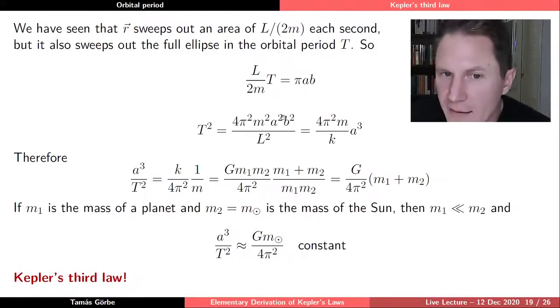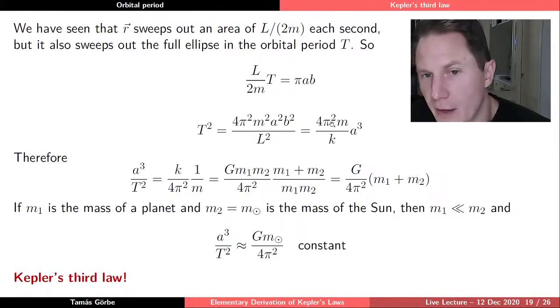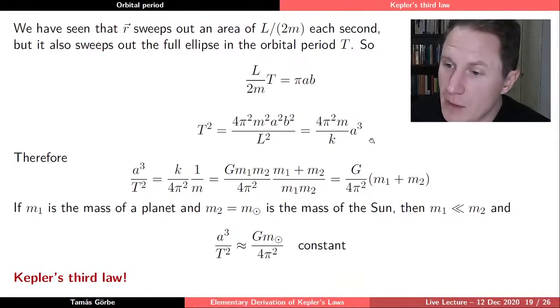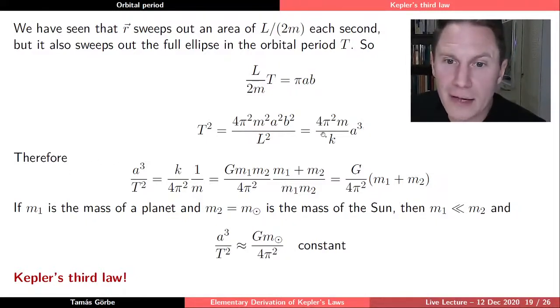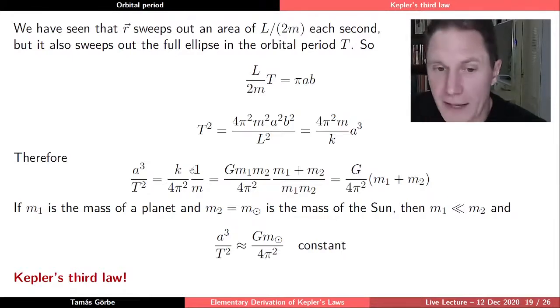If you do that in the numerator, you will notice that lots of things cancel, and what you are left with is 4 pi squared times m over k multiplied by the semi-major axis cubed. And this is exactly Kepler's third law, because if now you rearrange this equality, what you get is A cubed over T squared equals k over 4 pi squared times the reciprocal of the reduced mass.